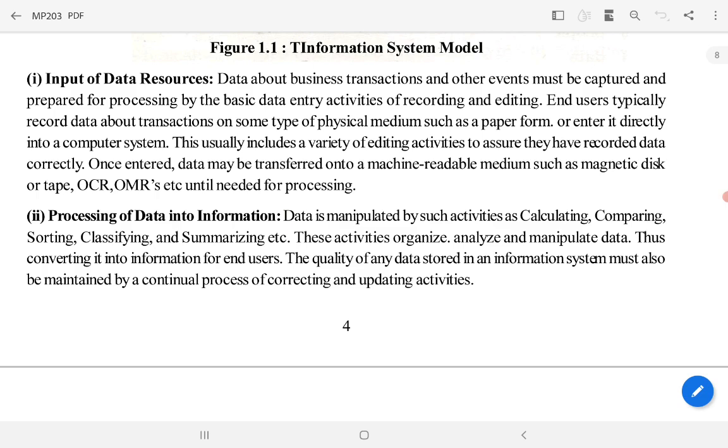Data is manipulated by activities like calculations, comparisons, sorting, classifying and summarizing. These activities organize, analyze and manipulate data, thus converting it into information for end users. The quality of any data stored in an information system must also be maintained by a continuous process of activities.